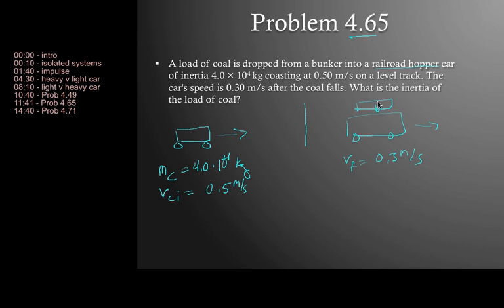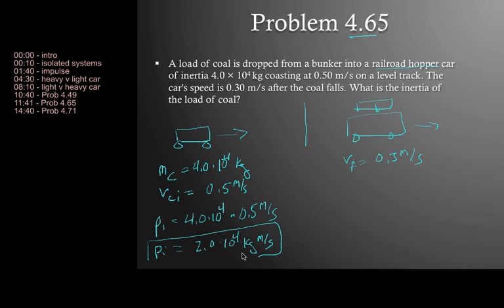And we know that the coal and the car are moving together. So what is the initial momentum? That's going to be this 4.0 times 10 to the 4 times 0.5 meters per second. So this is going to give us 2.0 times 10 to the 4 kilogram meters per second.